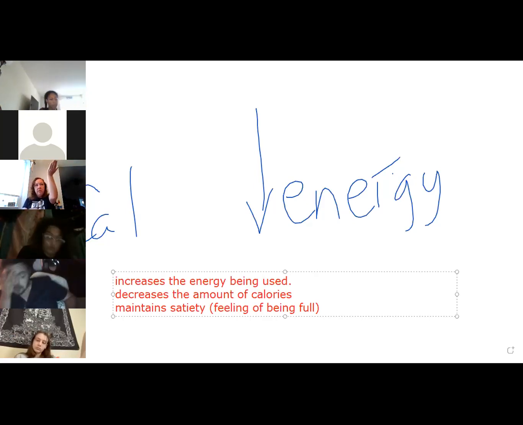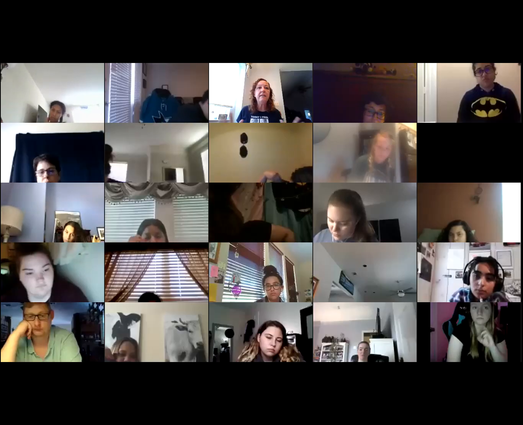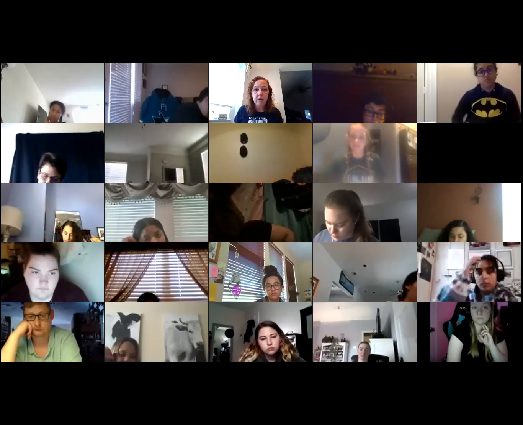If I'm using this much energy and taking in this much energy, I have a deficit. I got to pull the deficit out of the storage unit to match the energy that I need. And the longer it sits in the small intestines, the longer I feel full. Which is why if you've ever been on a diet, you tend to eat foods that are very high in fiber, right?